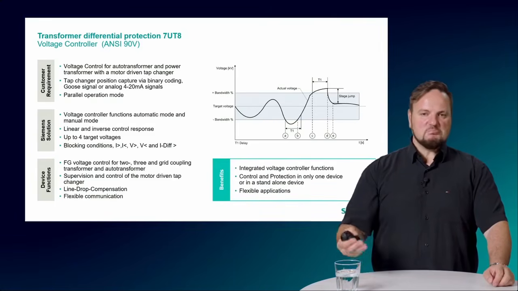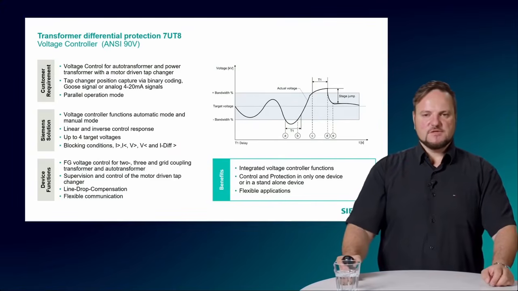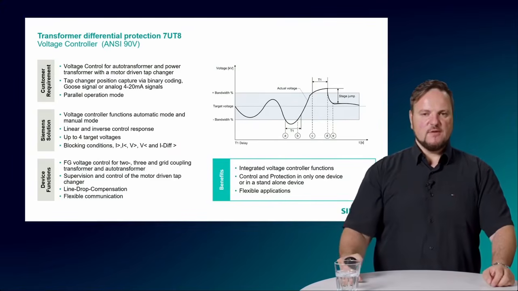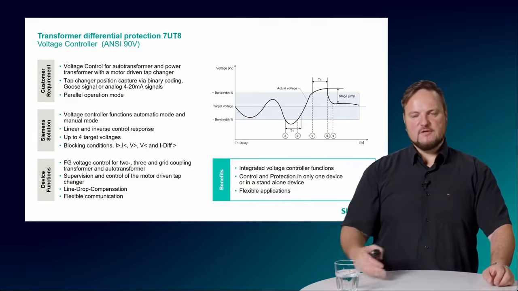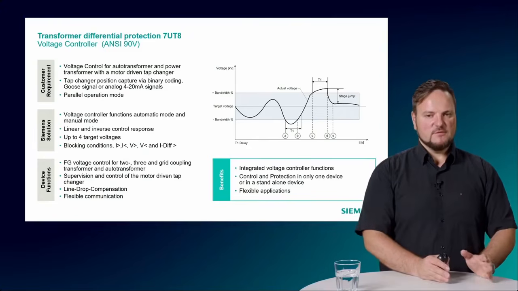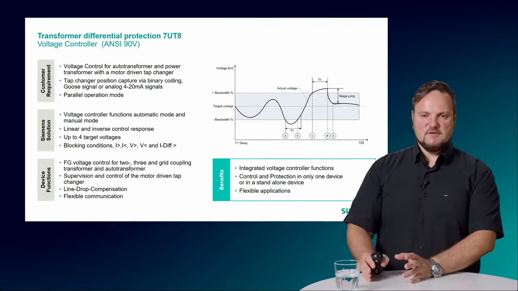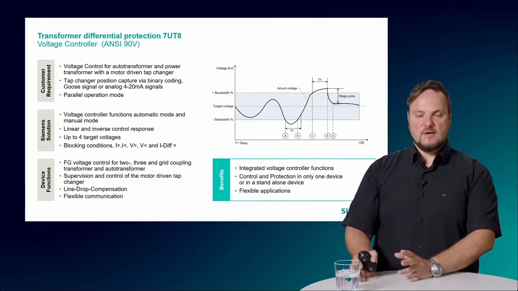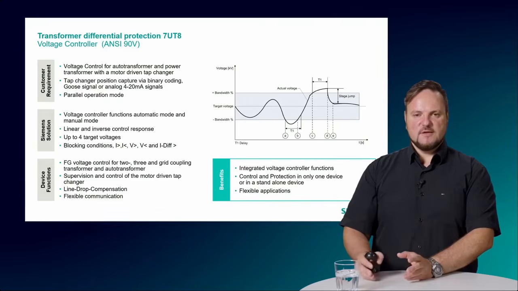So for you, this offers a very flexible application. You can combine it as you want with protection, or you can use the function in a single device, for example 7SJ, 6MD, and then you have a standalone voltage regulator.